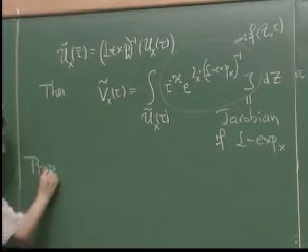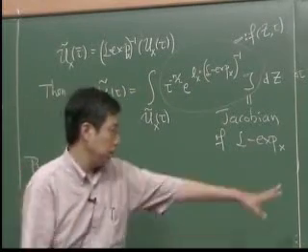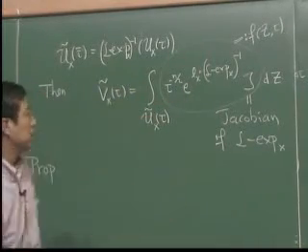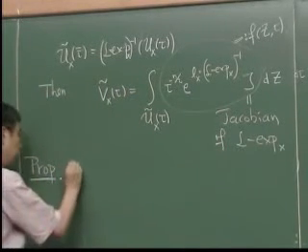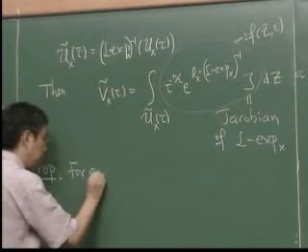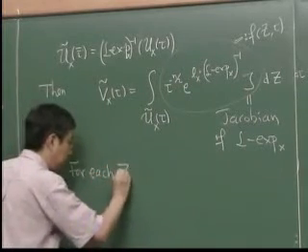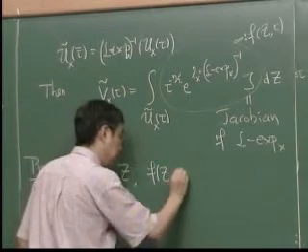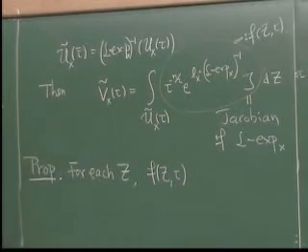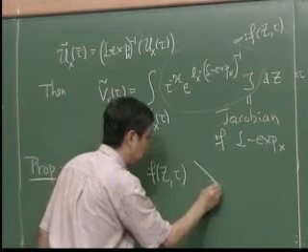All these things are already done using this lemma and the Hessian computation. So for each z, L z tau is decreasing.